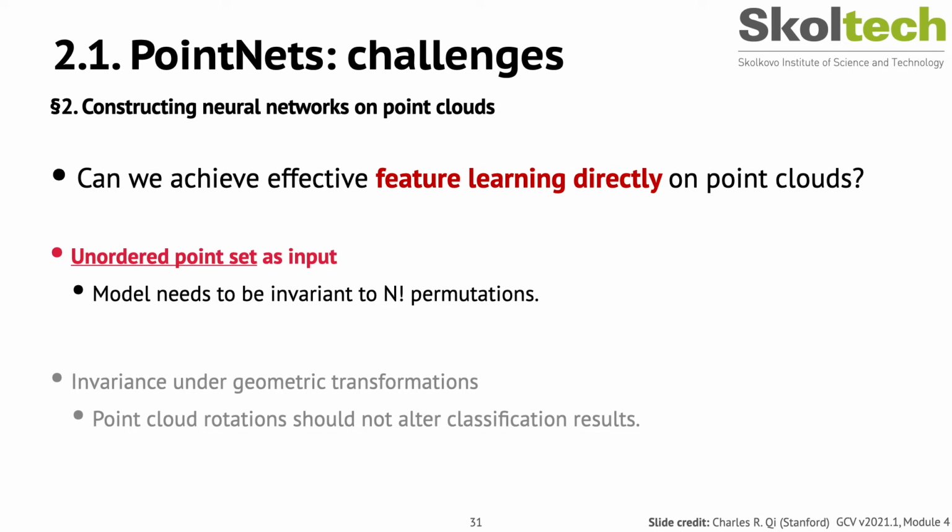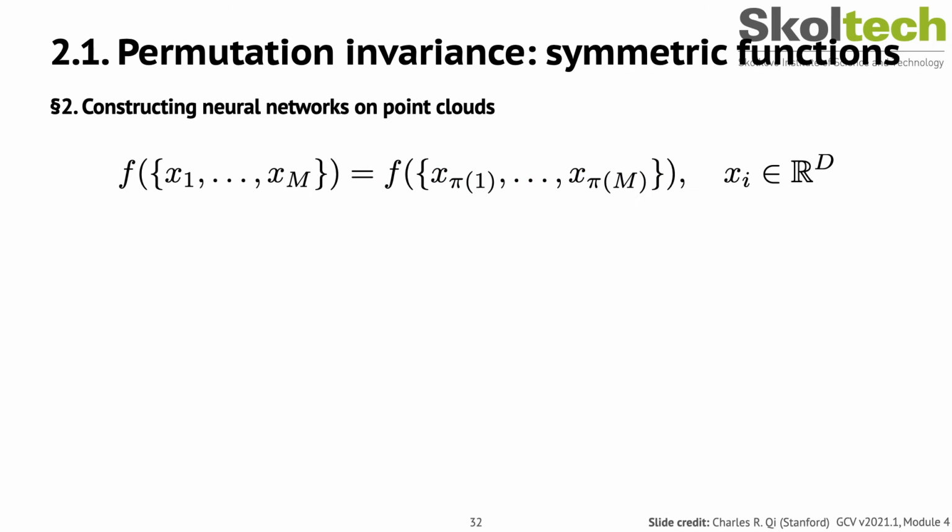Let us start with constructing models that are invariant to n factorial permutations. Mathematically, a neural network is just a function. In a functional view, a permutation-invariant neural network corresponds to a symmetric function. In symmetric functions, for any ordering of the arguments, the function value is always the same.